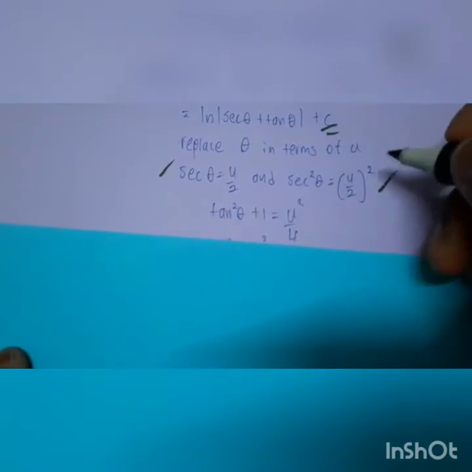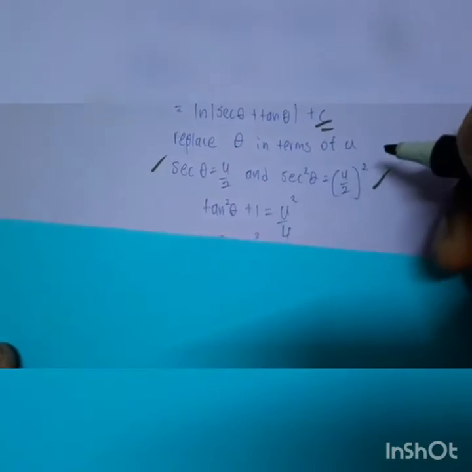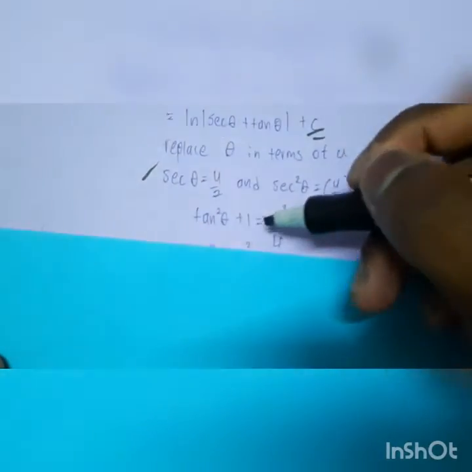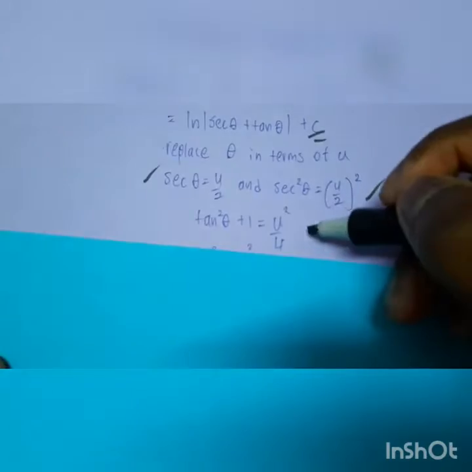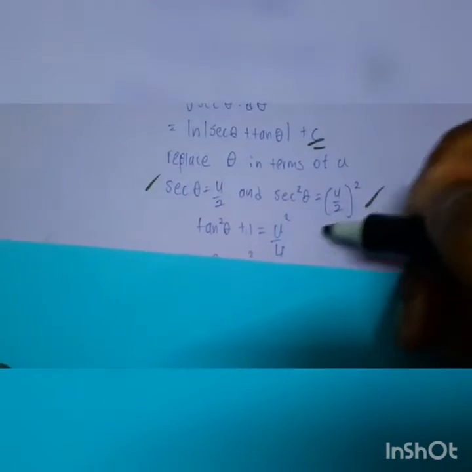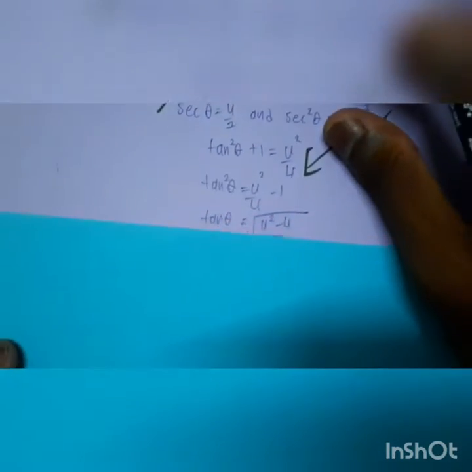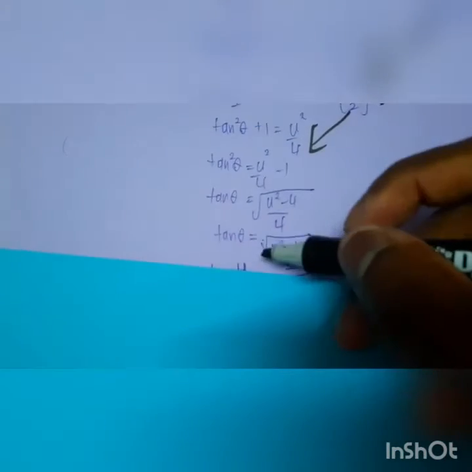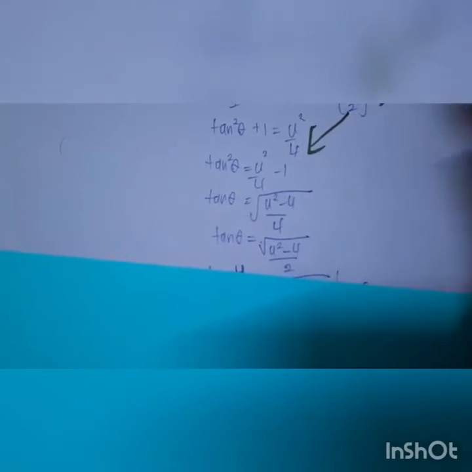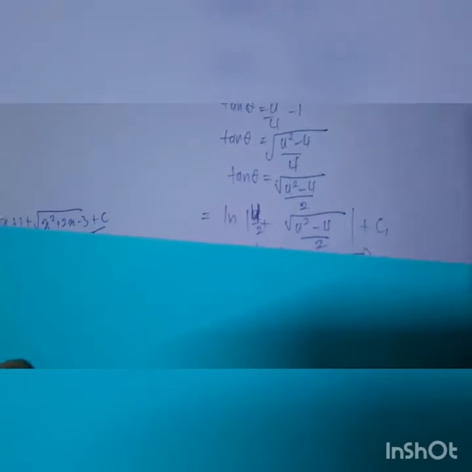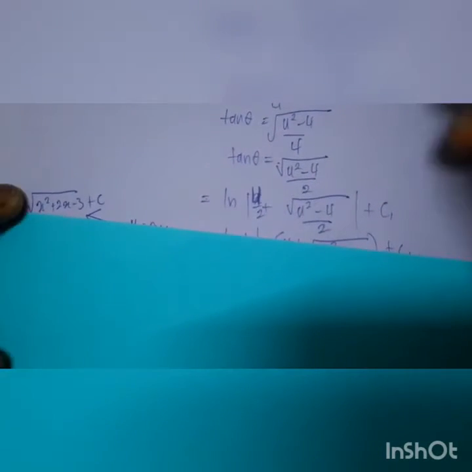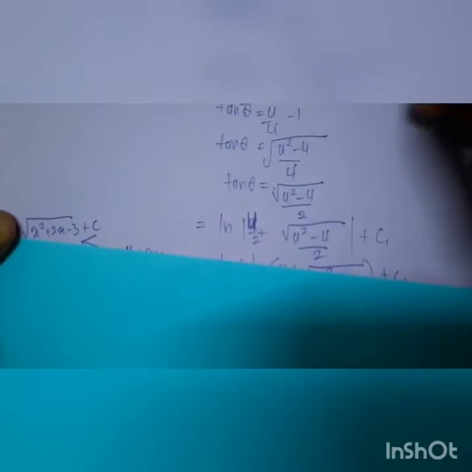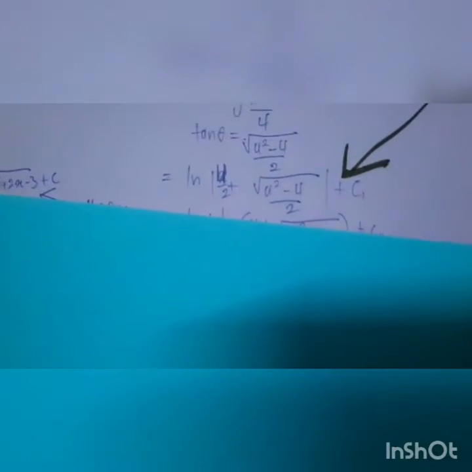So according to trigonometric identities, sec squared theta equals tan squared theta plus 1 equals u squared over 4. So we solve that to finally get tan theta equals square root of u squared minus 4, over 2, which we would substitute into the first equation.